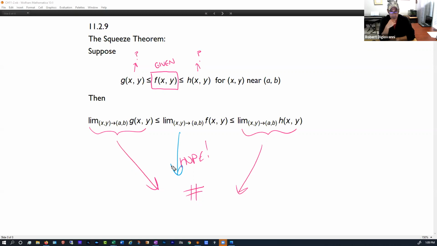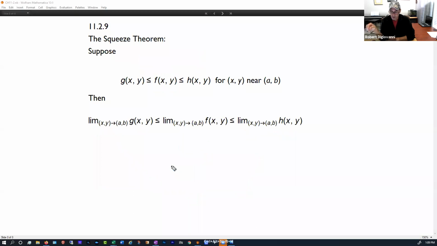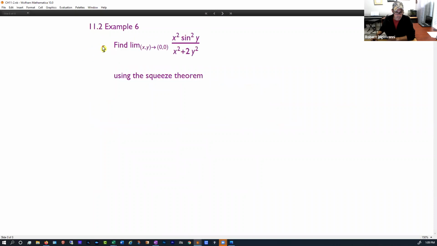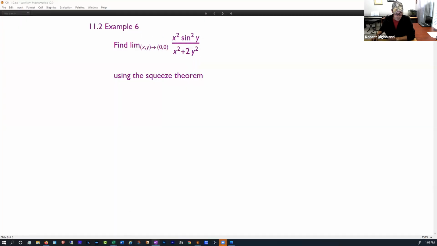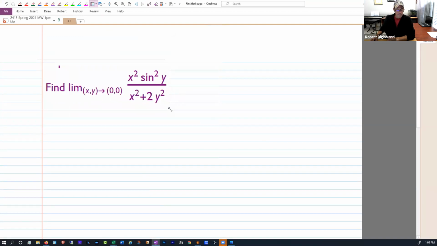Okay? So y'all ready to try one of these? Here we go. All right. So we want to find the limit as the point (x, y) approaches (0, 0) of x squared sine squared y over x squared plus 2y squared.